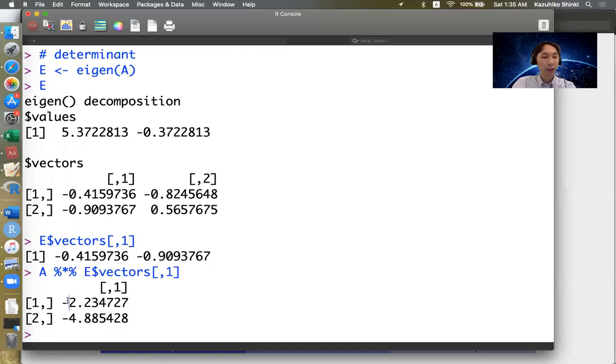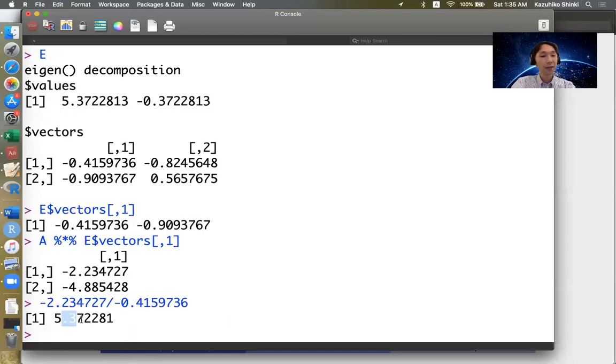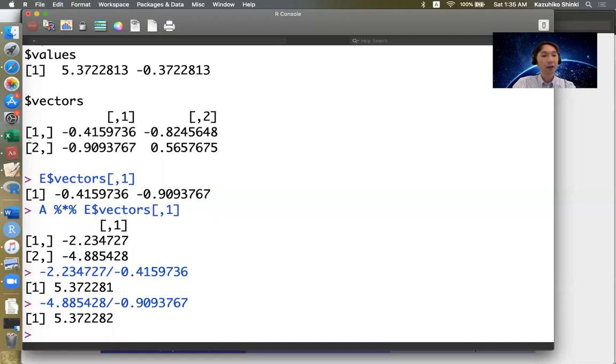But actually, negative 2.23 is 5.37 times larger than negative 0.41. So the first entry of this vector after multiplying A becomes 5.37 times larger, and this should happen for the second element also. Negative 4.88 divided by this one is also 5.37.